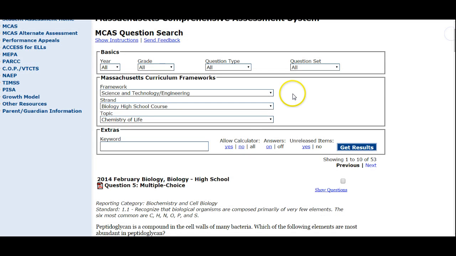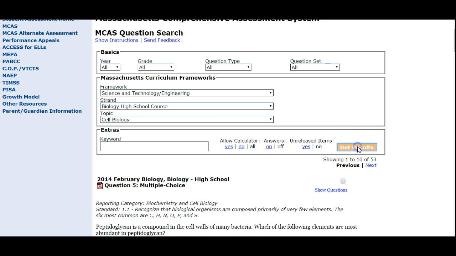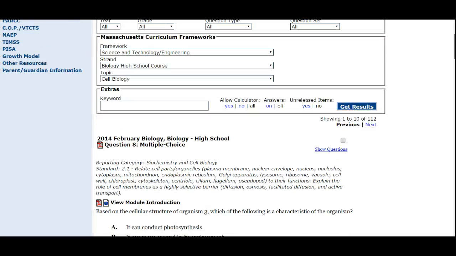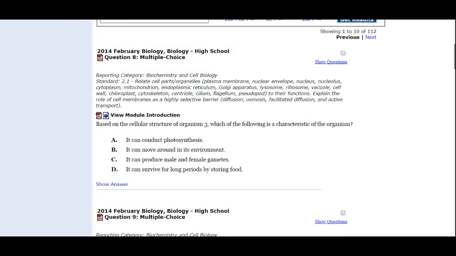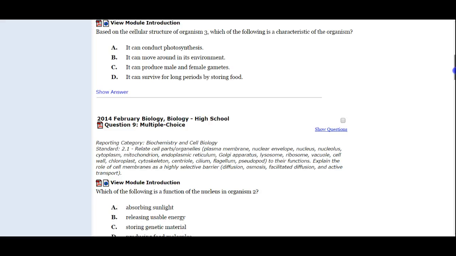So moving out of that unit, let's go to cell biology. All right, so for a question like this, where it says view module introduction, you need to click the PDF to take a look at it because it's got a picture attached to it, just so you know how to use those.